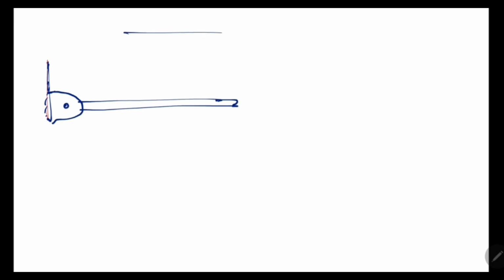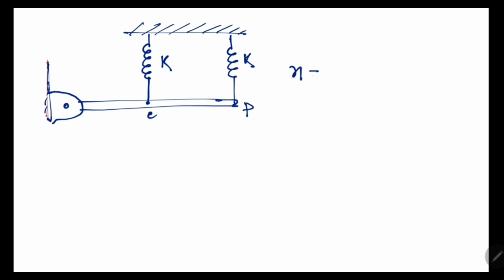Two massless identical springs of constant k are attached to the rod, one at the free end of the rod and another at the center of mass. Here we have to find the time period of oscillation of the rod. So we have to find the n factor, that is elongation of the spring by displacement of center of mass at that instant.